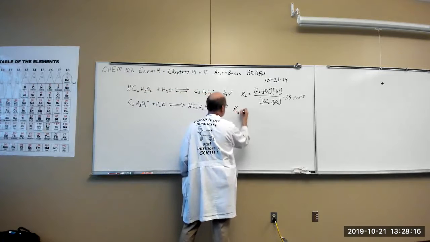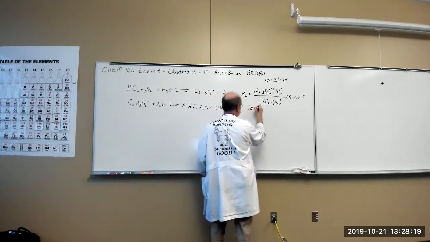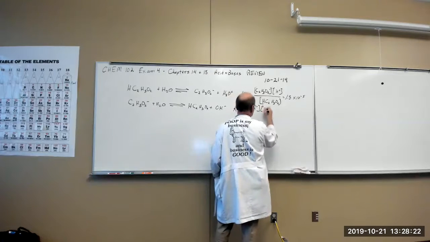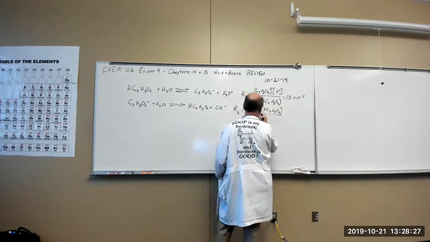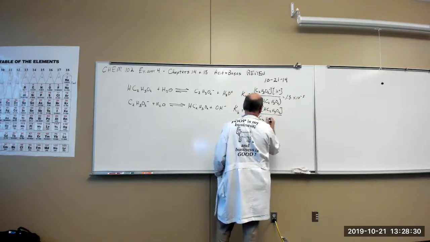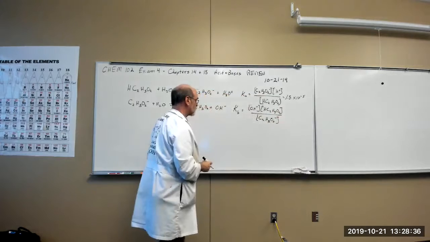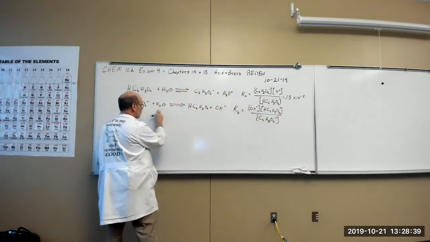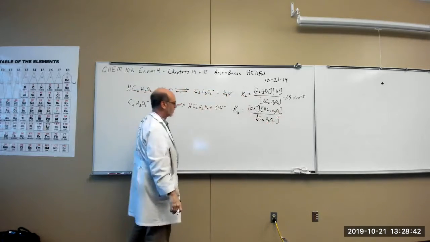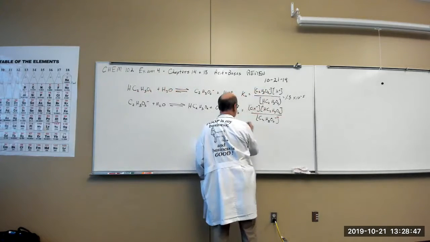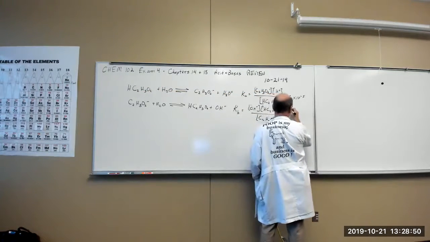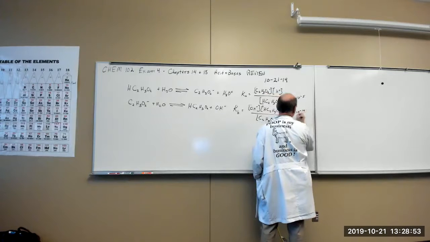And the Kb is going to be equal to the hydroxyl and the undissociated acid divided by the acetate ion. Right. So that's a real world case where you're going to need Kb if you're studying this reaction right here. And then to get this value, you would say Kb equals Kw, which is 1 times 10 to the minus 14, divided by 1.8 times 10 to the minus 5.